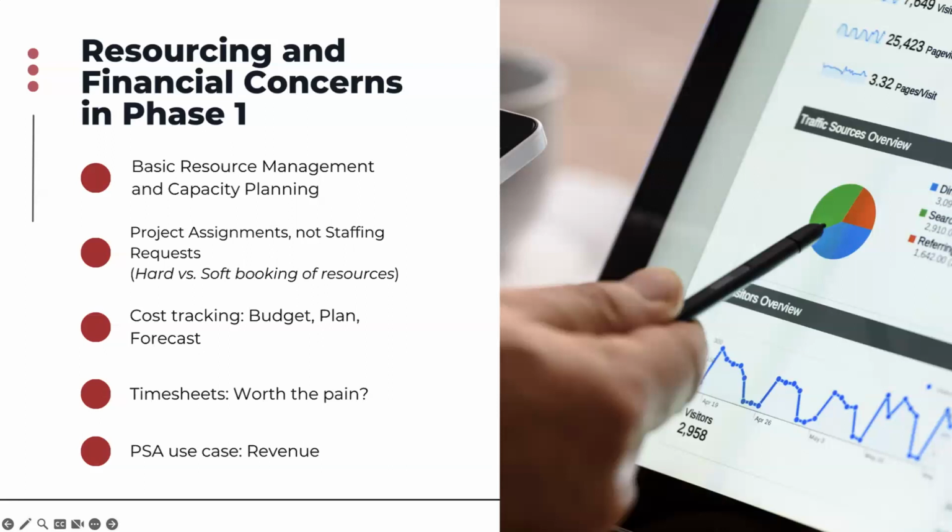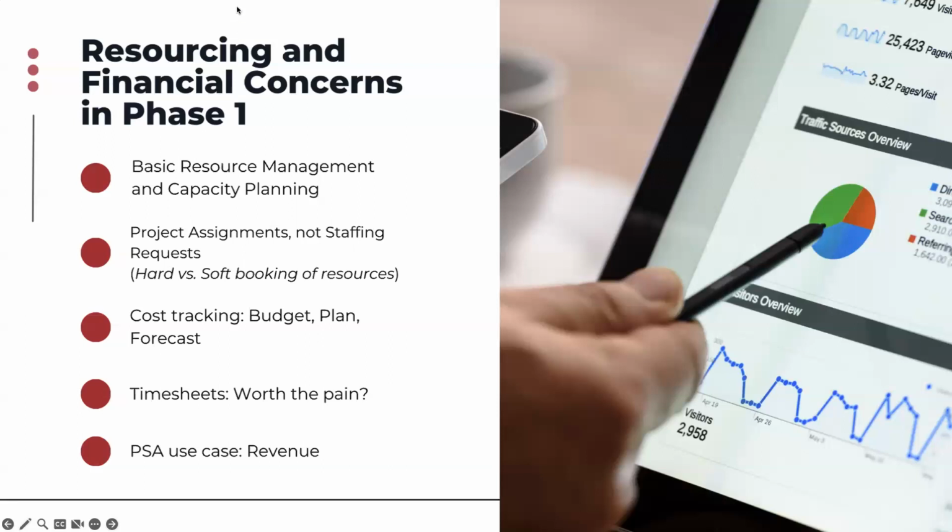On the other hand, soft booking of resources represents a tentative allocation, where resources are reserved without a firm commitment, allowing for greater flexibility. Both approaches have their advantages. Hard booking provides certainty and allows for better planning, while soft booking enables organizations to adapt to changing requirements more easily.